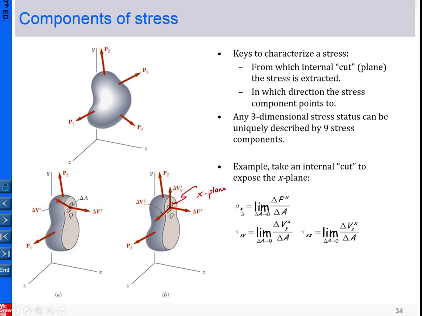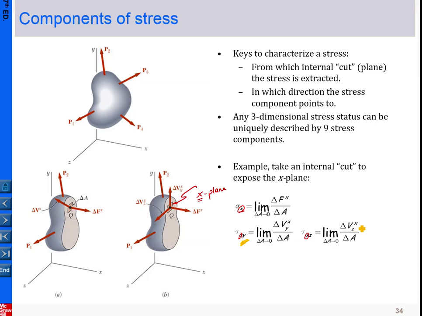From here you can see this notation. Basically, the x plane means the directions of this plane go to this symbol here, this symbol here, and this symbol here. As for the directions of the stress, for example, this shear stress is in the y direction, so it points in the y direction and is induced in the x plane, so using y again.